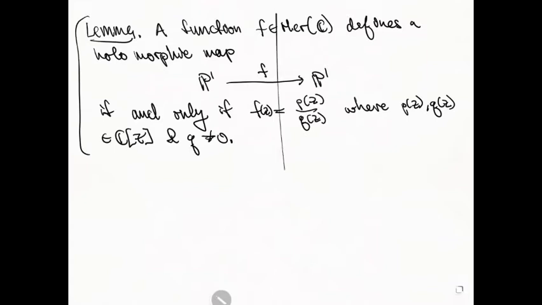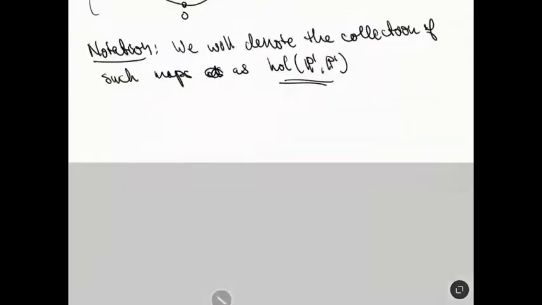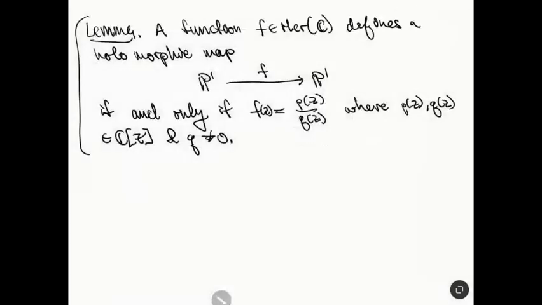So, okay, so let's try to give this a notation, i.e. holomorphic maps from P1 to P1 is C(z).